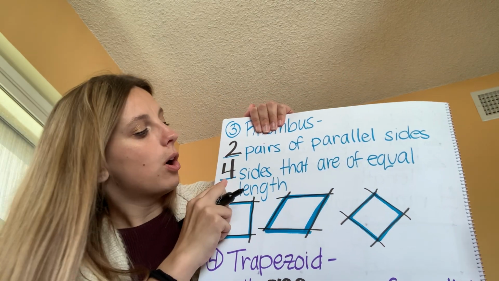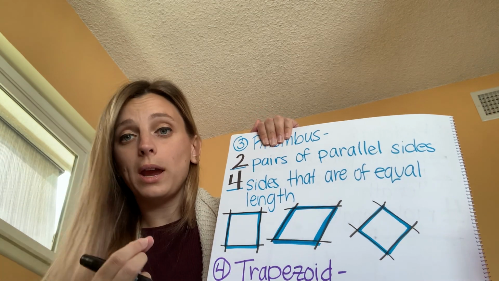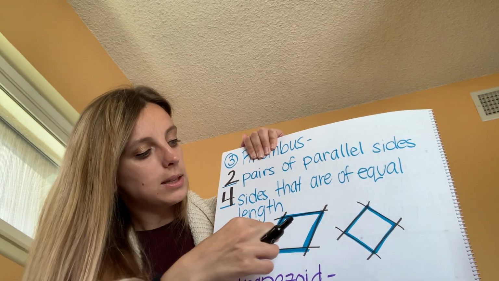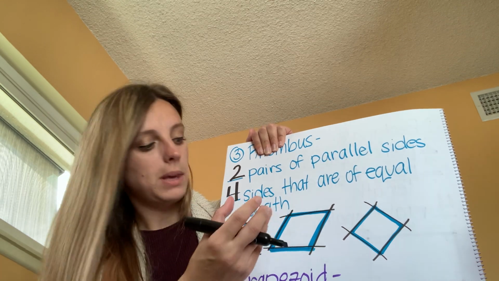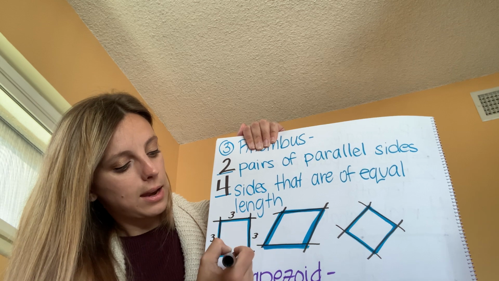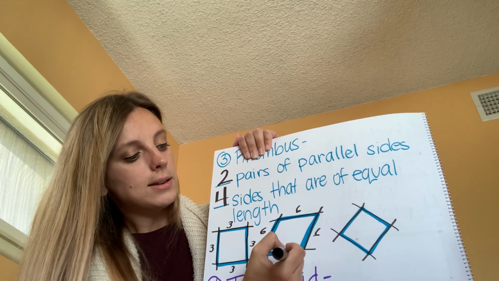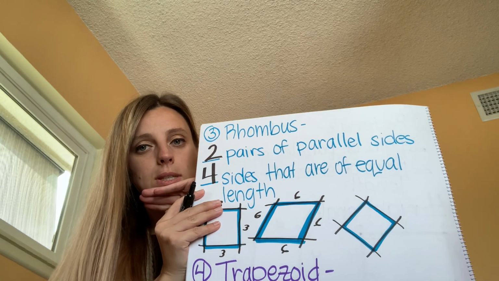But the difference is that all 4 sides are of equal length. So just like a square, they're special because their side lengths are always going to be equal. So if I told you that this is 3 feet, that means that every side is 3 feet. And similarly here, if I told you this was 6 inches, that tells you that every side is 6 inches.